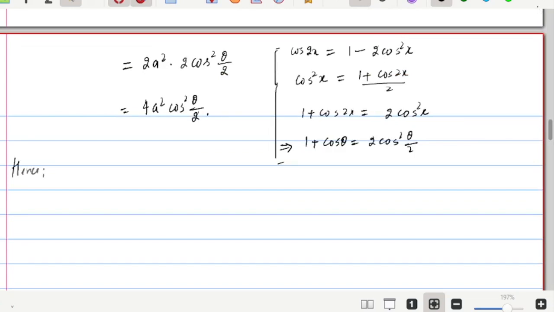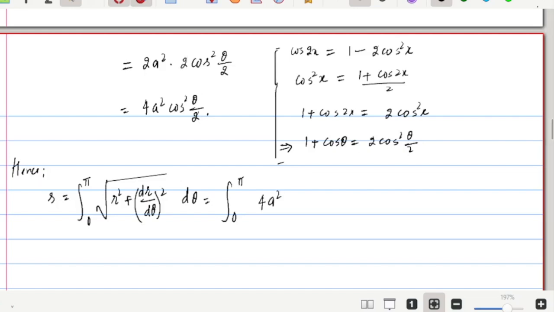So hence the arc length s is given as integral from 0 to pi square root of r square plus dr by d theta whole square d theta. This is equal to integral from 0 to pi. अब हमने ऊपर इवेल्युएट किया है r square plus dr by d theta whole square, this is equal to 4a square cos square theta by 2. इसका स्क्वायर रूट में करना है d theta.